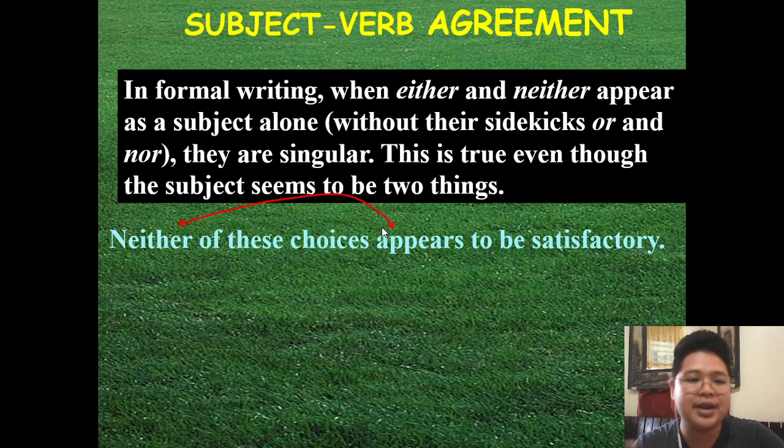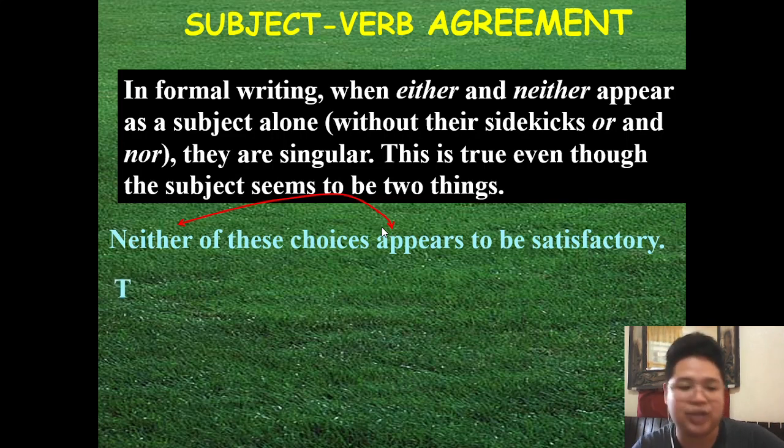When you say this, we just look at the word neither, and this is considered the subject. So the subject is neither, so we use appears, a singular verb, in order to agree with each other.